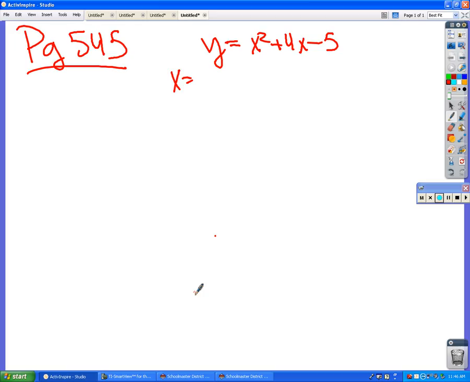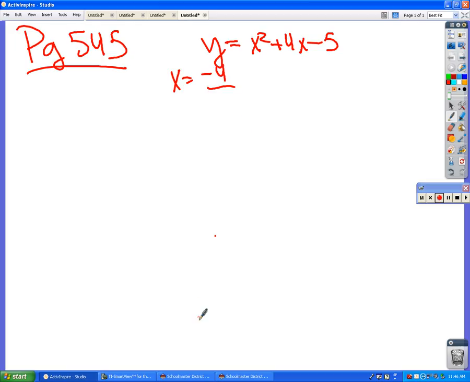So we have to start out by figuring out what the opposite of B is. So B is 4. Okay, this should be the easy question that everybody's answering and participating in. B is 4, so the opposite of 4 is negative 4.